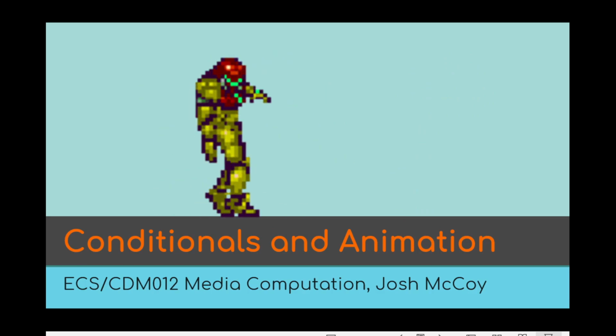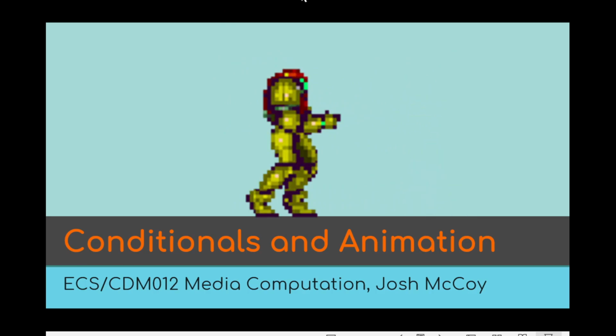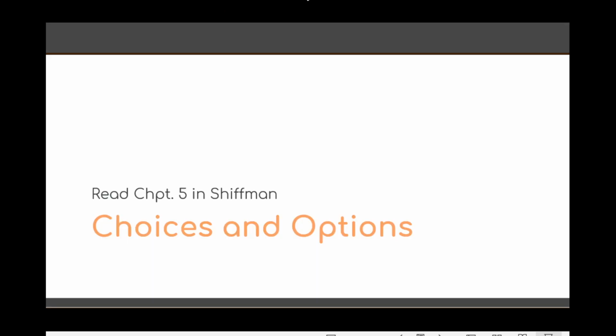Oops. I can't control the slides through the projector window. So this is bouncing off of Shiffman, Chapter 5. This is the associated text. How have you been finding the reading so far? Good.